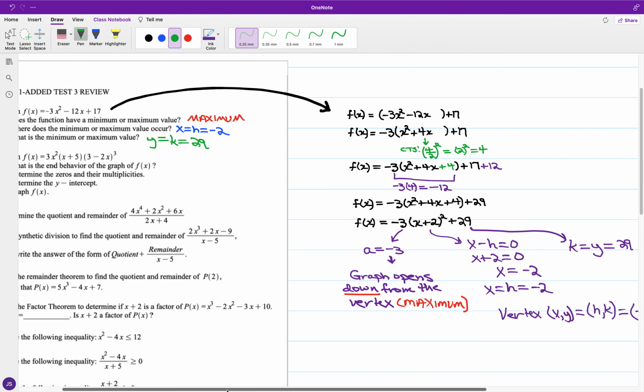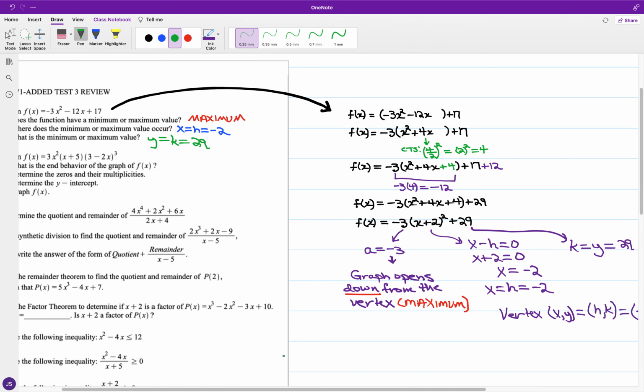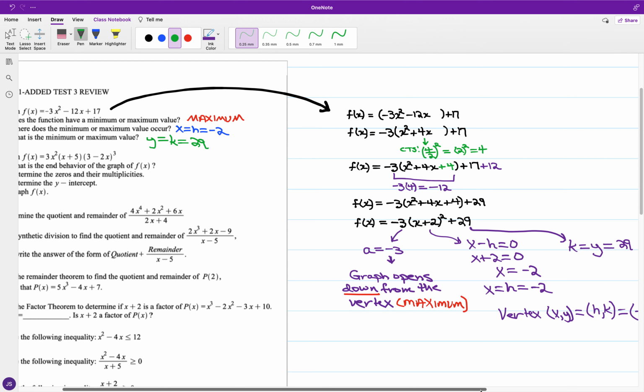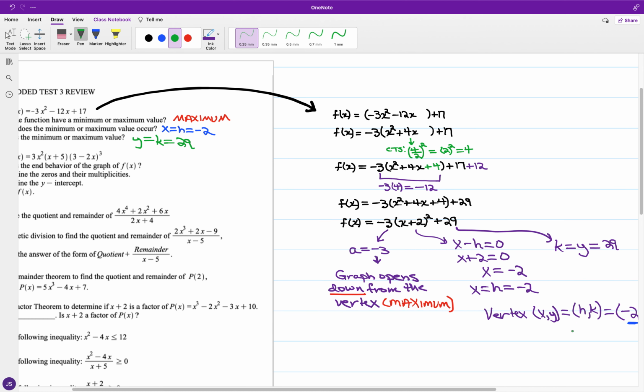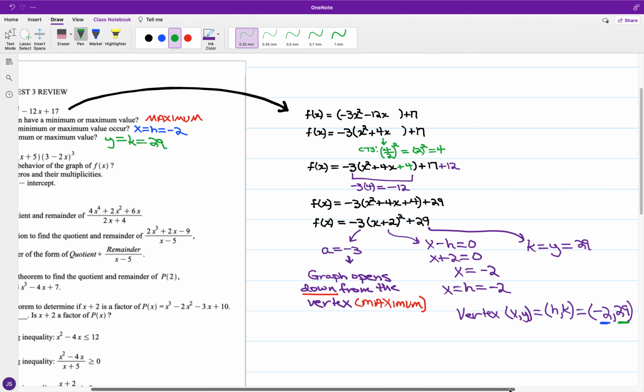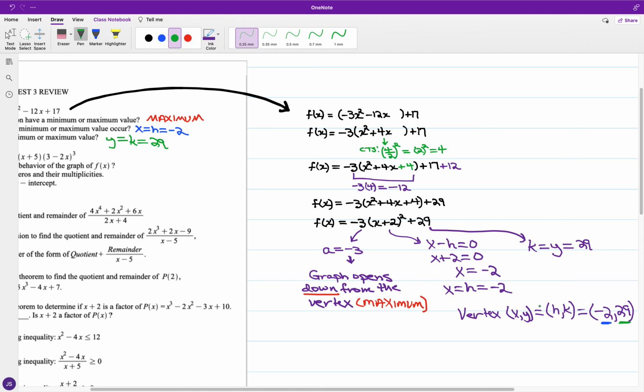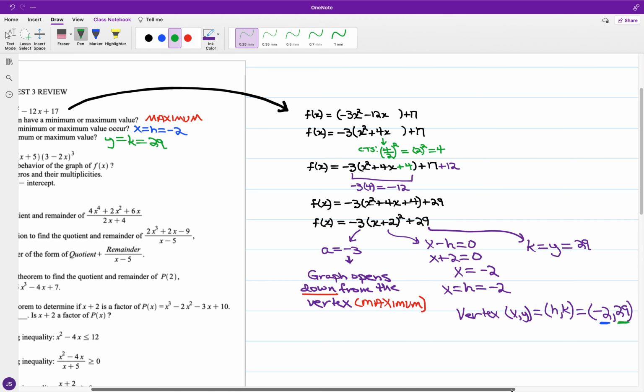Again, we have a maximum since the vertex is the high point, because the graph is opening downward as indicated by the negative leading coefficient. And again, the maximum value occurs at the vertex at x is equal to h is equal to negative 2, and the high value is the y or k value, which is 29.